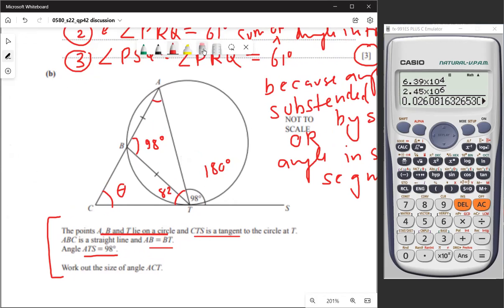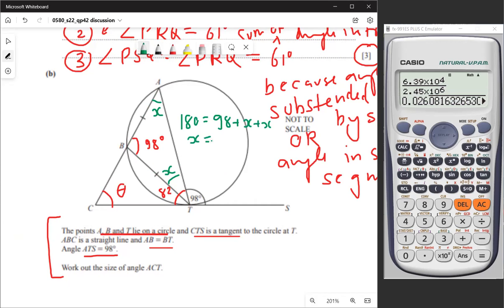Now the next thing is we have to find these small angles, this one and this one. Since these two lines are equal, it's going to make an isosceles triangle. This angle and this angle are equal. Since this is a triangle, 180 must be 98 plus x plus x.